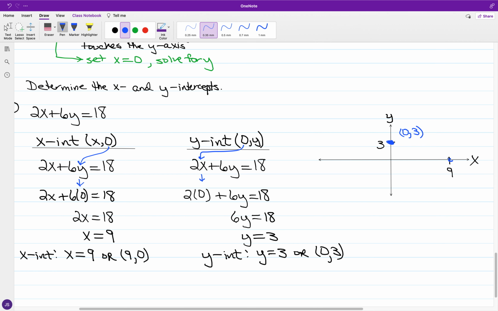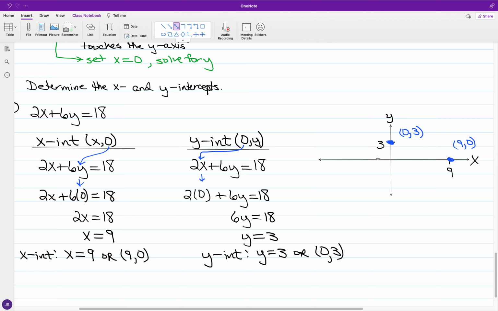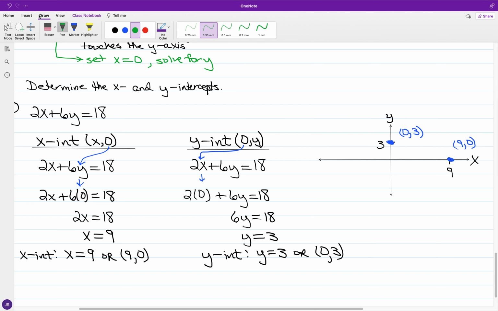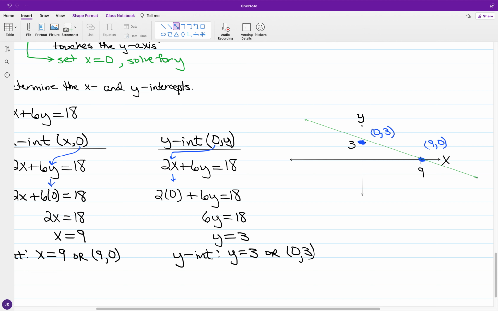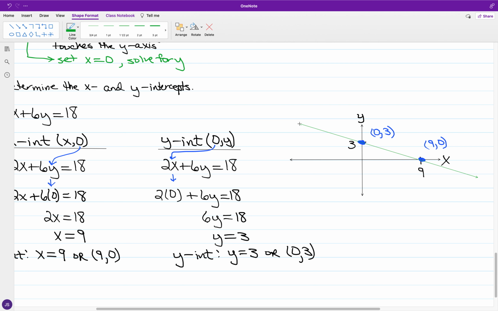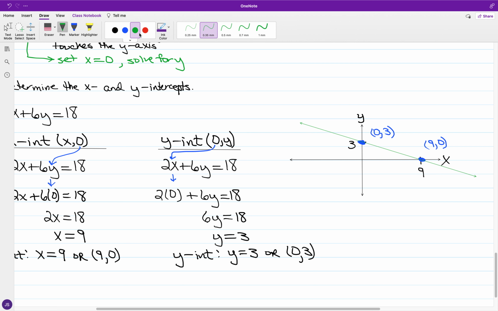So I have 0, 3 for the y-intercept, 9, 0 for the x-intercept, and the line running through these points will represent the combination of values x and y such that 2x plus 6y is equal to 18.